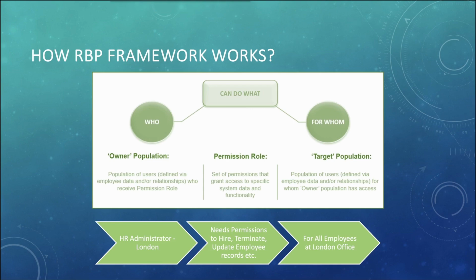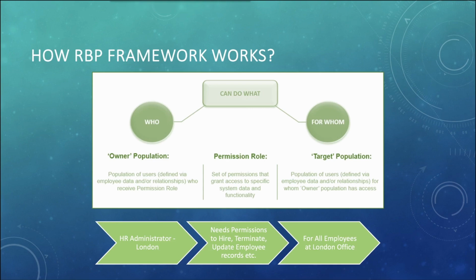So this is where another key component comes in, which is for whom you are providing the access. The first part is who you are providing access to. We'll make a group for that. Then the second is what they can do with that access, which is what the role controls. And then for whom they can actually get this access. The for-whom part is the target population.